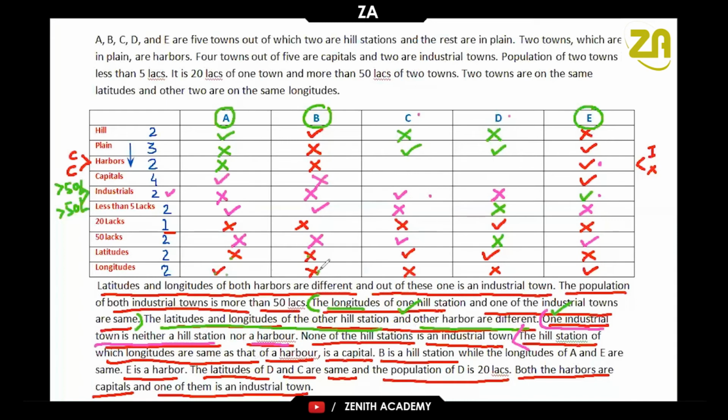A and E only have the same longitudes, so the hill station whose longitudes are same as the harbor, that one is a capital, not this one. Now see, there are 4 capitals, and in this row this is not capital. It means out of 5, the rest of the 4 are capitals. Got it?